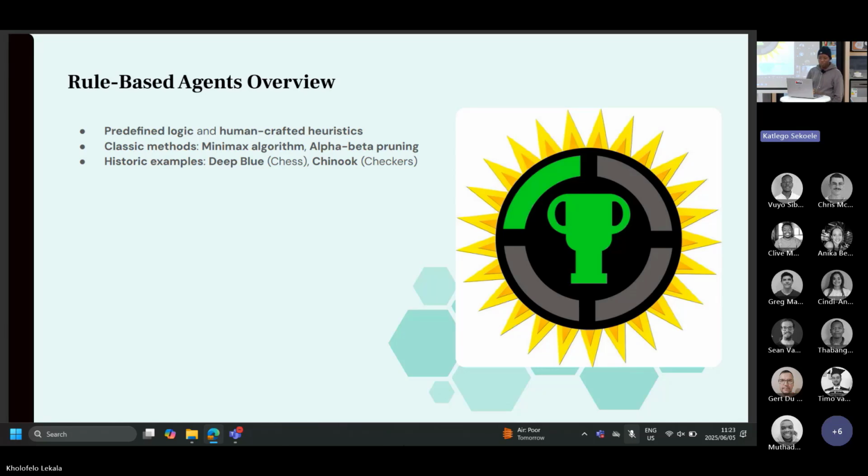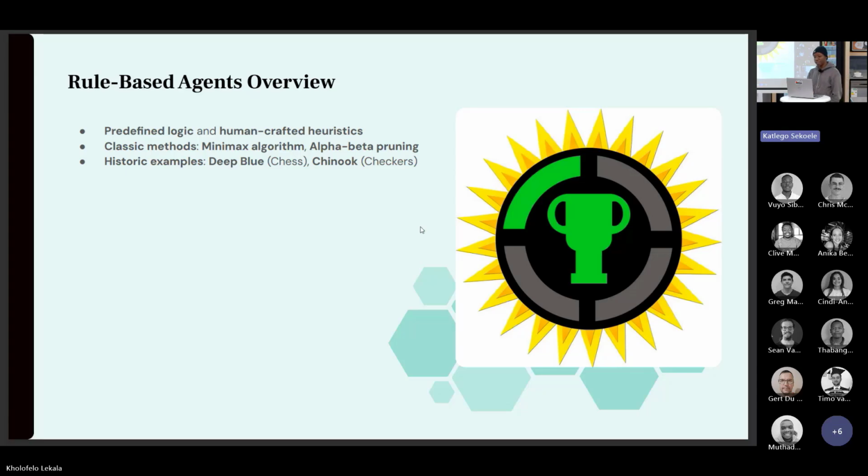Classical methods for this would be the min-max algorithm or alpha-beta pruning. These methods use an evaluation function. The evaluation function takes in a state, then uses the properties of that state to determine its game theory value, to decide whether going down this path to that state would increase our chances of winning, or whether we should use another option.